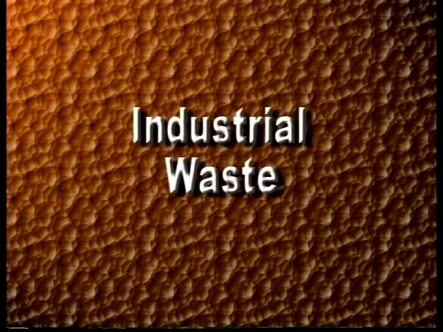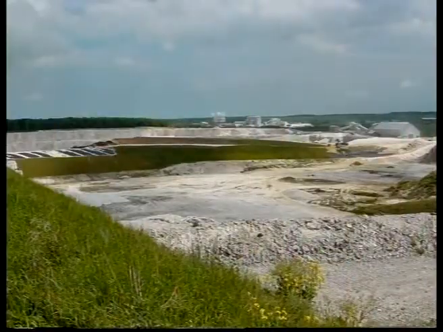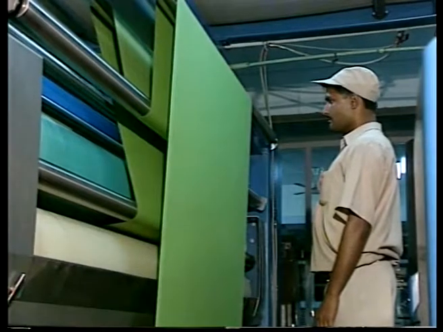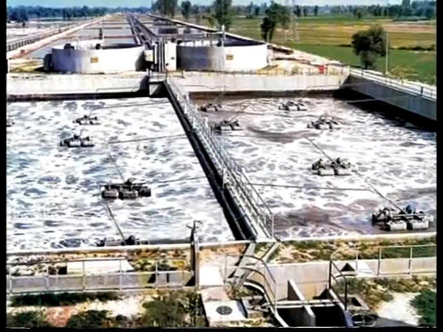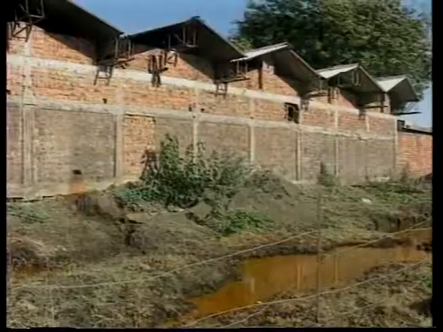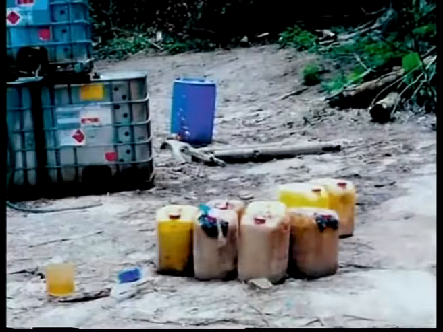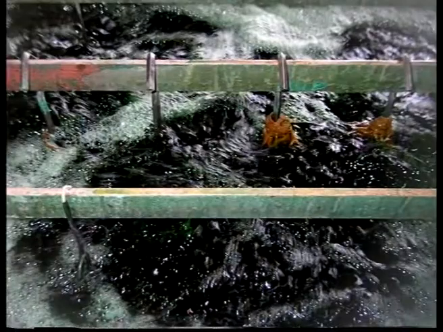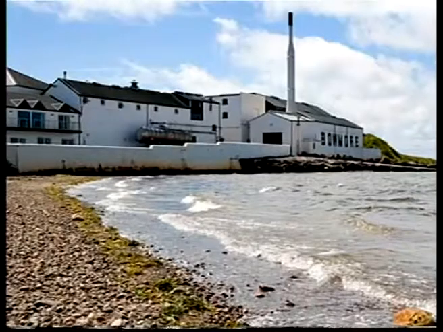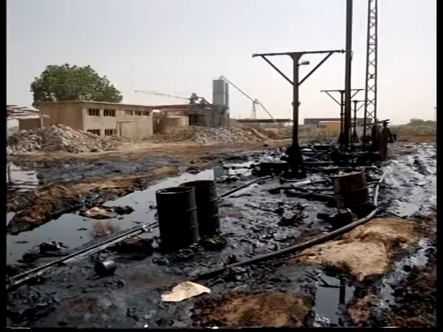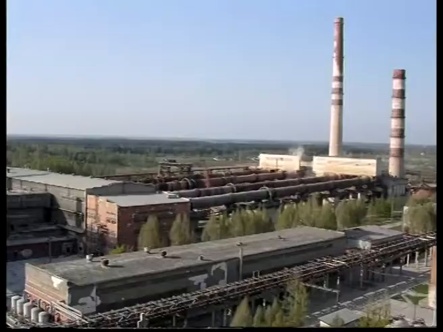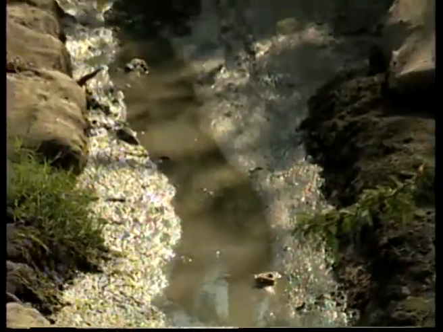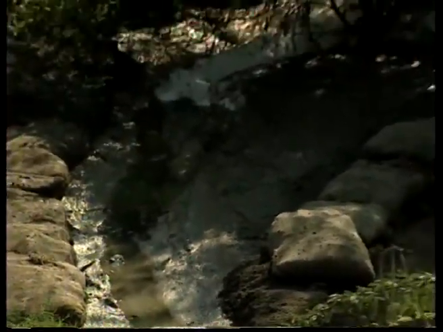Industrial waste. Waste from textiles, tannery, chemicals industries, electroplating, glass, distilleries, paper, petroleum, thermal power plants and cement industries, etc., enters the soil as it is disposed of or dumped as such.